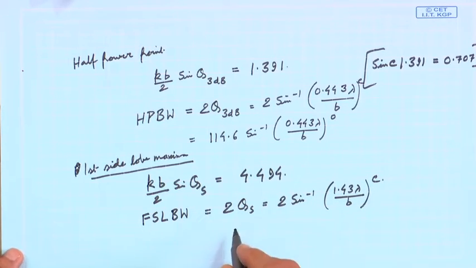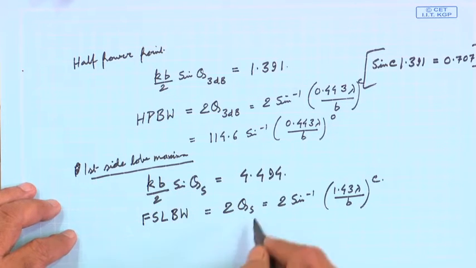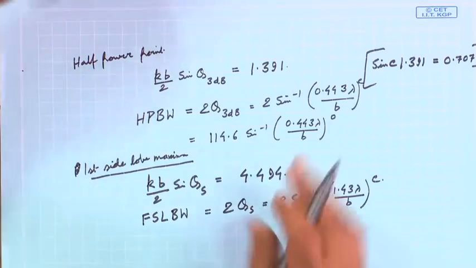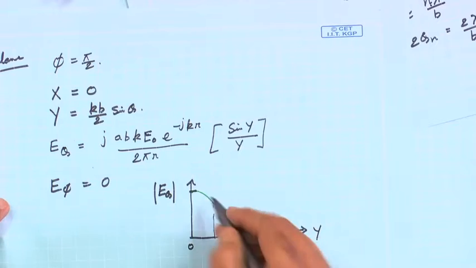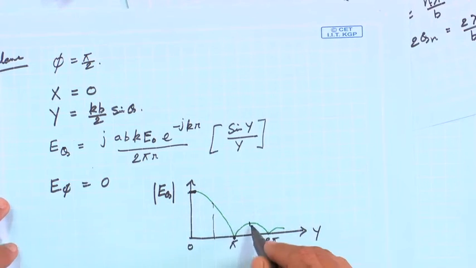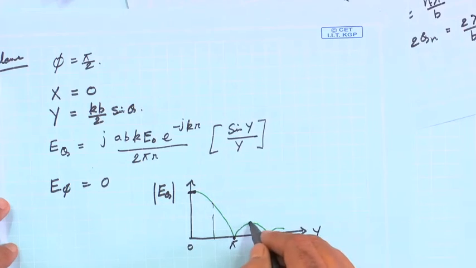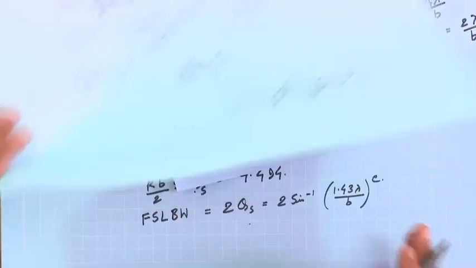An important thing is what is the first side lobe level. This is the beam width, but we want to know this maximum value. If I have here this maximum, what is this divided by this, that is called the first side lobe level. Obviously this is 1. So, if I know this value, I can find it, and that value is known.